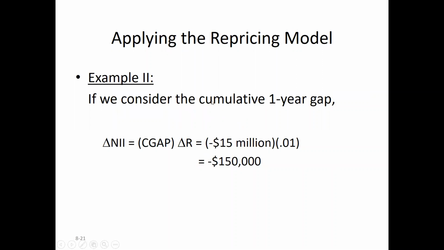Example 2: let's consider the cumulative 1 year gap. We need to get the cumulative one. What will happen within 1 year if there are interest rate changes? How may it affect the liquidity position or the financial position of the institution within the 1 year, taking into consideration the repricing gap of 1 year?